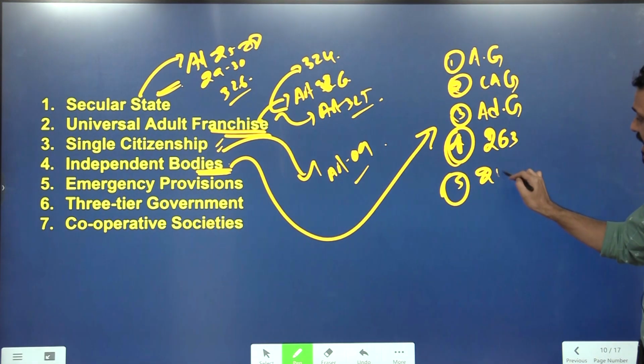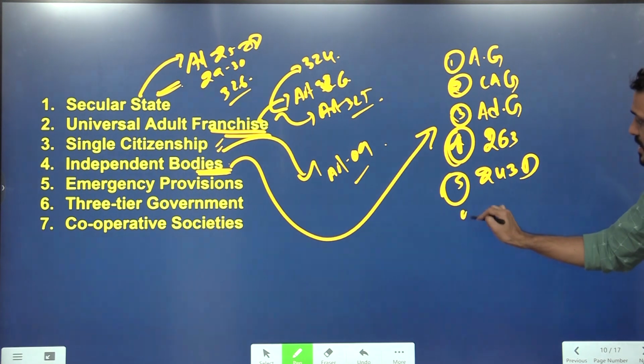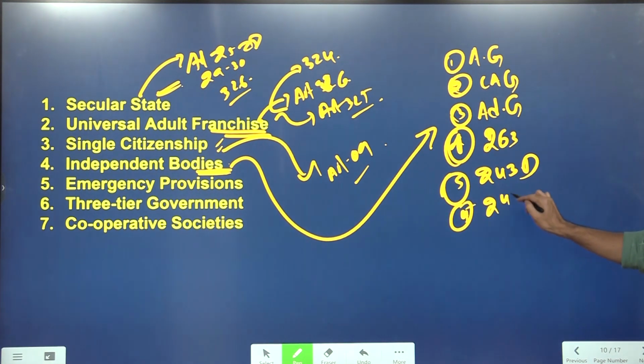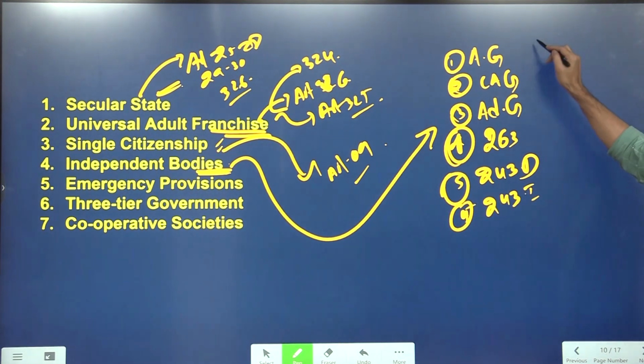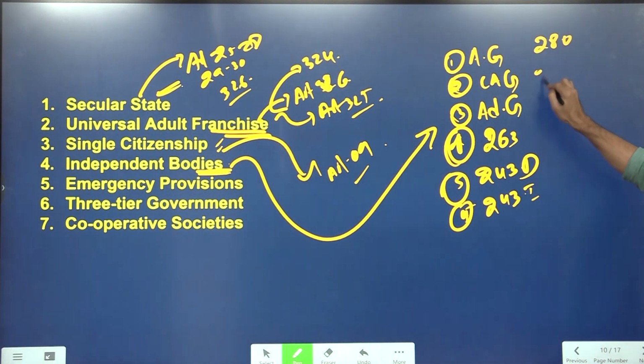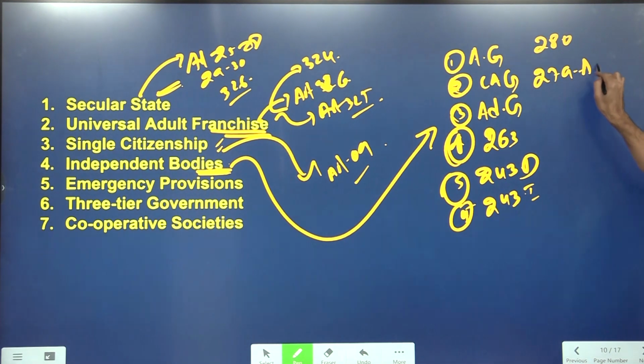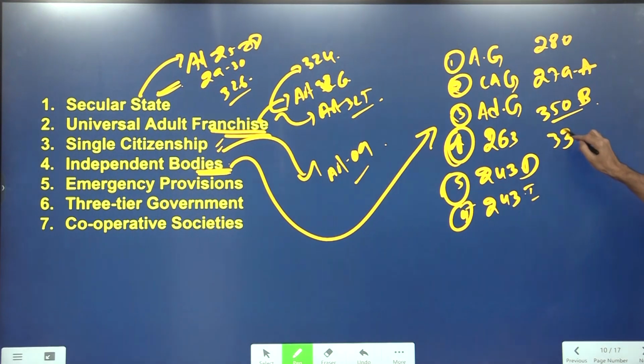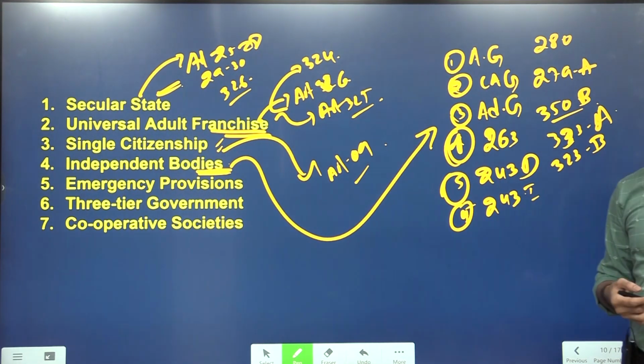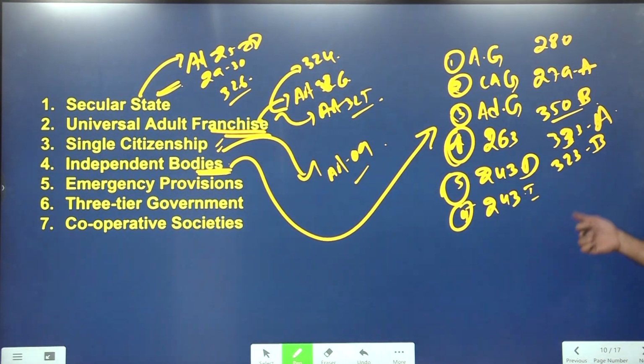Then the State Election Commission, Article 243K, State Finance Commission, Article 243I, Finance Commission, Article 280, GST Council, Article 279A, Special Officer for Linguistic Minorities, Article 350B, SC Commission, Article 338, ST Commission, Article 338A, and BC Commission, Article 338B. Okay, so these are some of the constitutional bodies.